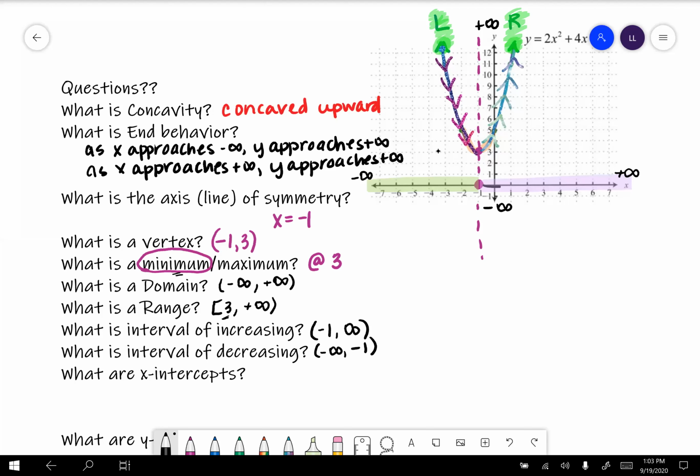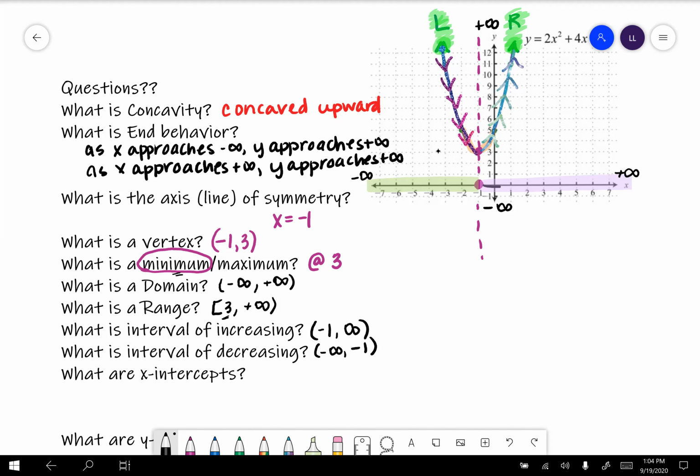All right, so how did you do? We notice that our interval on the left-hand side goes from negative infinity to -1 because that's the x-coordinate of our vertex. All right, that's where it turns direction. And then the other interval is going to be from -1 to positive infinity on the right-hand side.